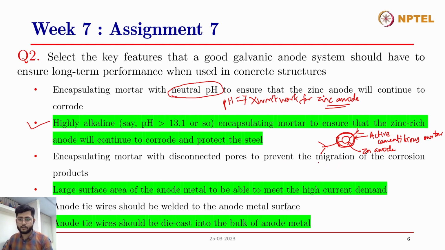We in fact want the migration of the corrosion products, because the corrosion products cannot directly migrate through the concrete to the steel rebar location.